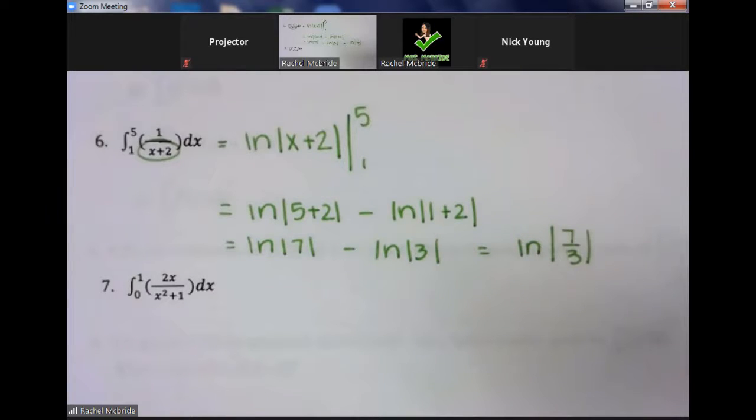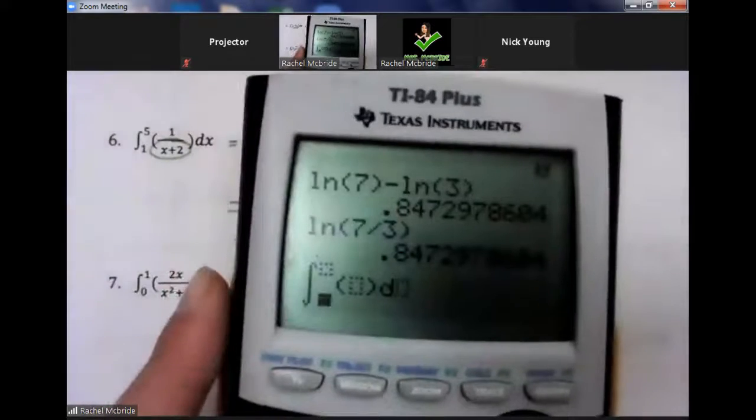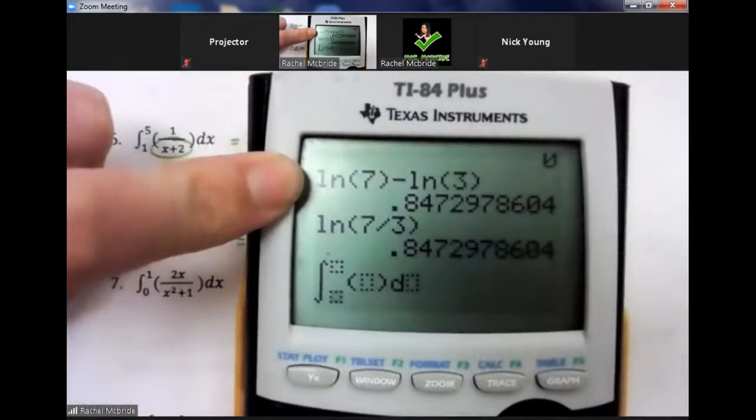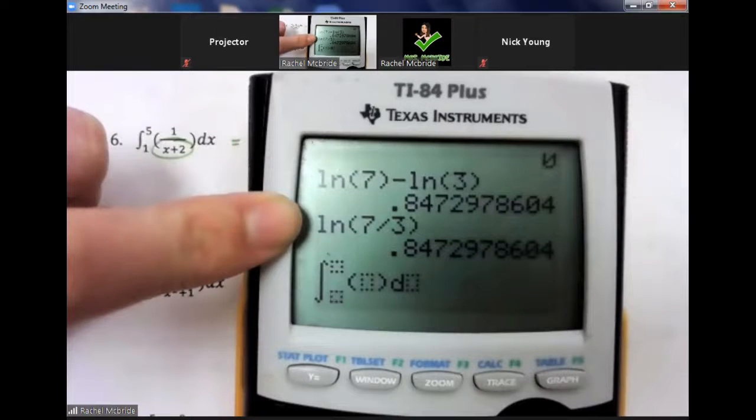You could also check this on the graphing calculator. So you could go to your Math 9 and type it in. Again, I was trying to show you here how the minus and the division are the same.